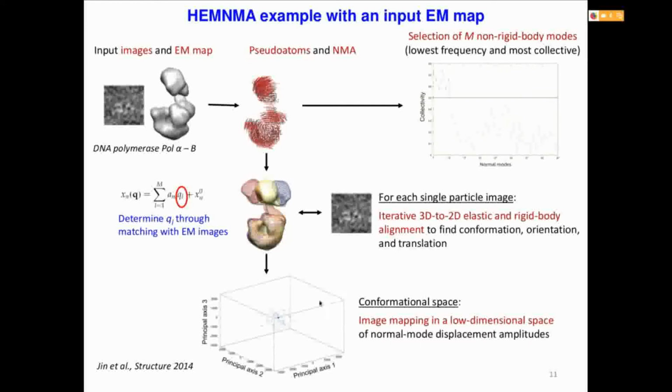So at the end, the Qs, the normal mode amplitudes, are projected onto a lower dimensional space, because sometimes you use more than 3 modes and you want to see all these images together in some reduced dimensional space. So for example, here we use 6 modes and we lower the dimension to 3.